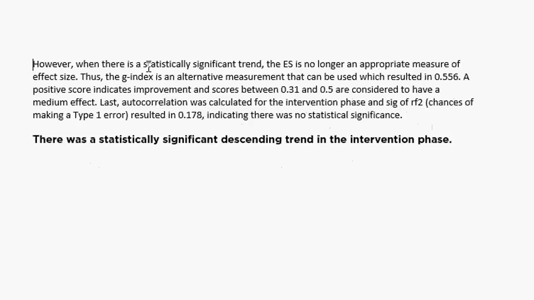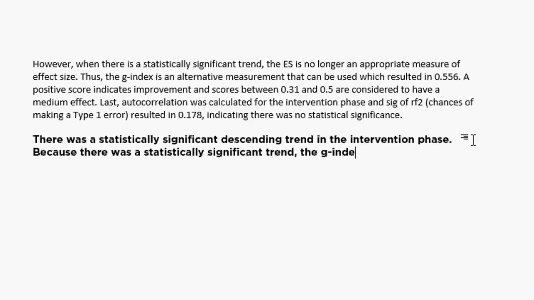However, there is a statistically significant trend that ES is no longer an appropriate measure of effect size. Good. Because there was a significant trend, the G-index was used for computation of effect size.